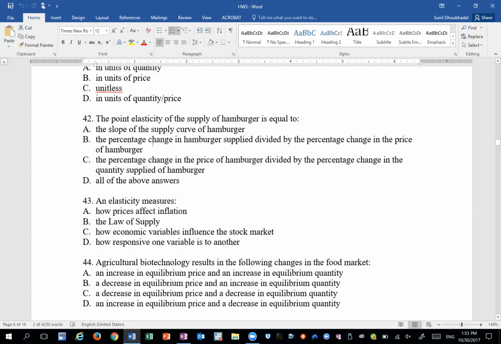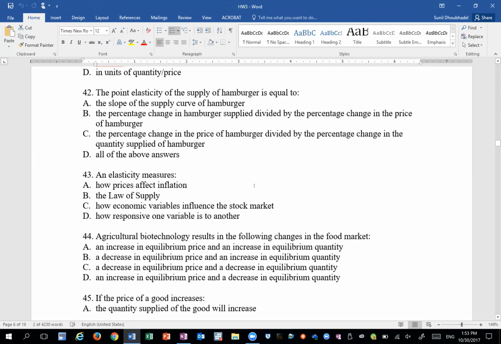And the answer is the percentage change in quantity of hamburger supplied in relation to the percentage change in price.